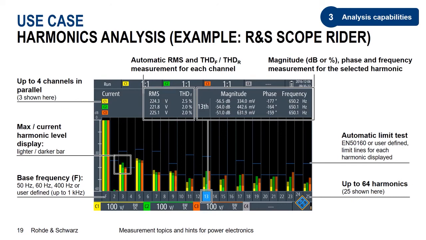And you can do this also with some kind of FFT analysis, but it's actually very convenient if you have a harmonic analysis functionality that provides you directly the magnitude, phases, frequencies of the different harmonics, and maybe also THD measurements. This makes life a little easier.